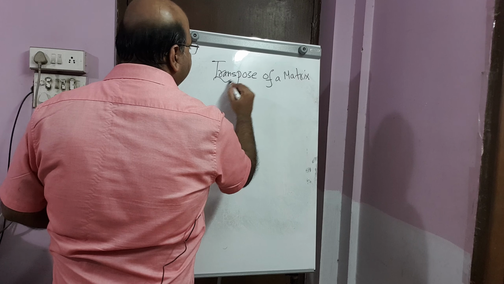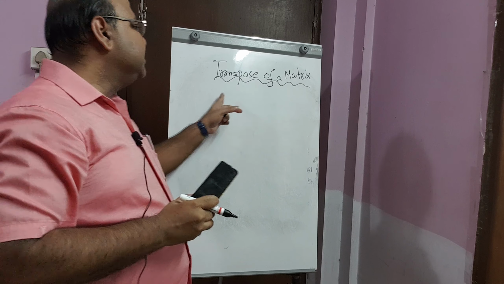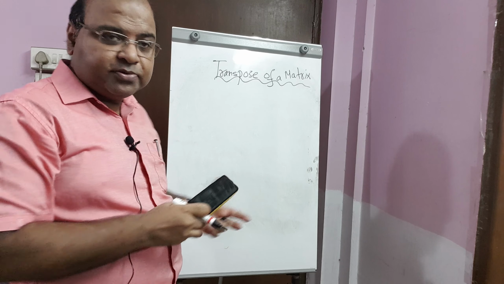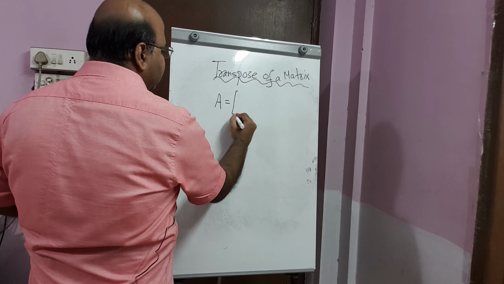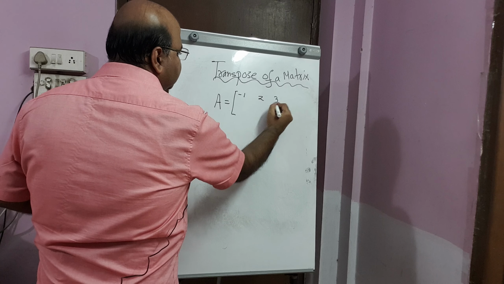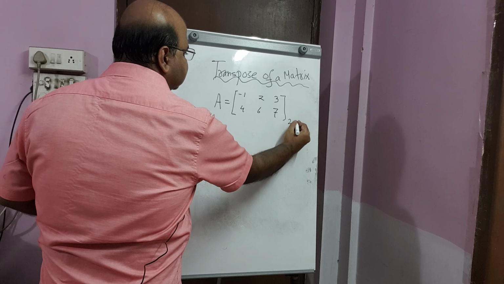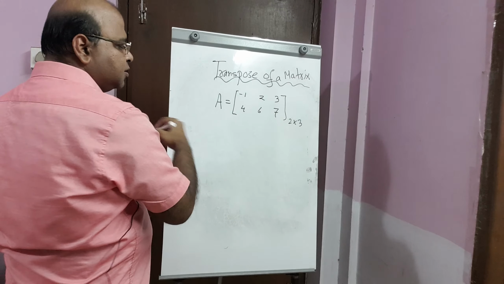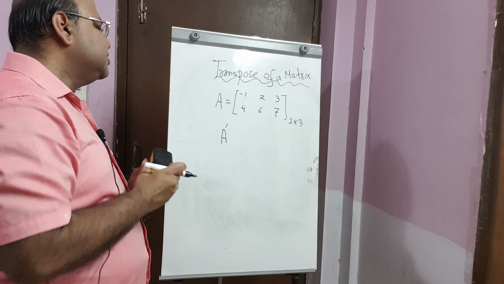By transpose of a matrix we simply mean interchanging of its rows and columns. So for example, if we have a matrix A given by -1, 2, 3, 4, 6, 7, as we can see it has the order 2 by 3 because it has 2 rows and 3 columns. The transpose of A is represented by A dashed, that is the symbol for transpose.